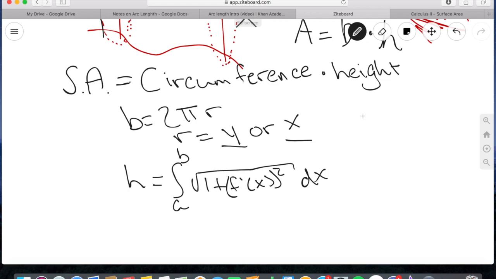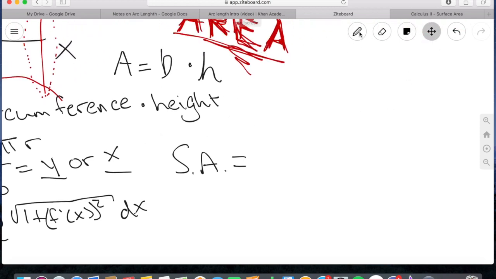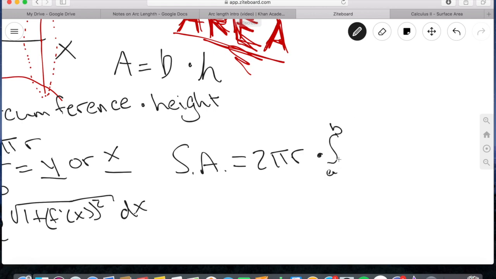So surface area, which is base times height or circumference times height, equals 2 pi r times arc length, or the integral from a to b of the square root of 1 plus f prime of x squared dx.